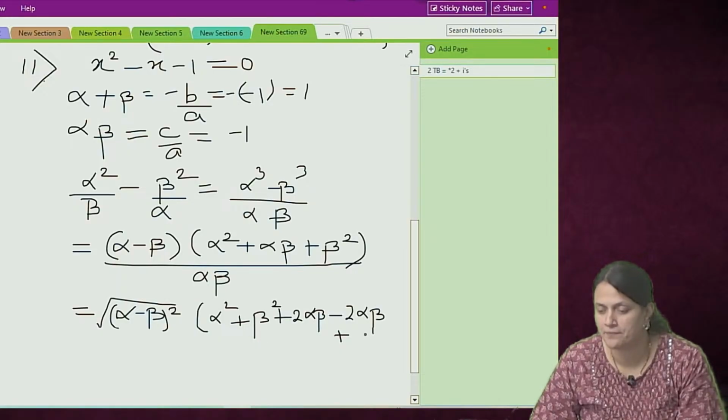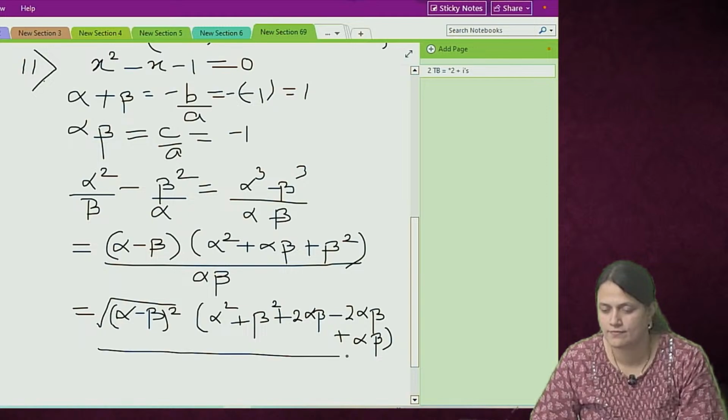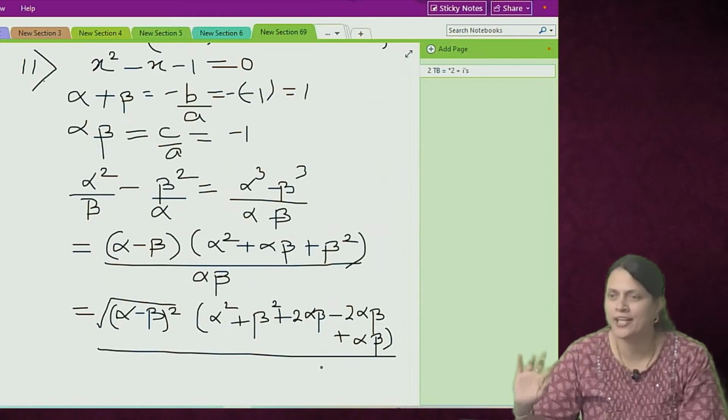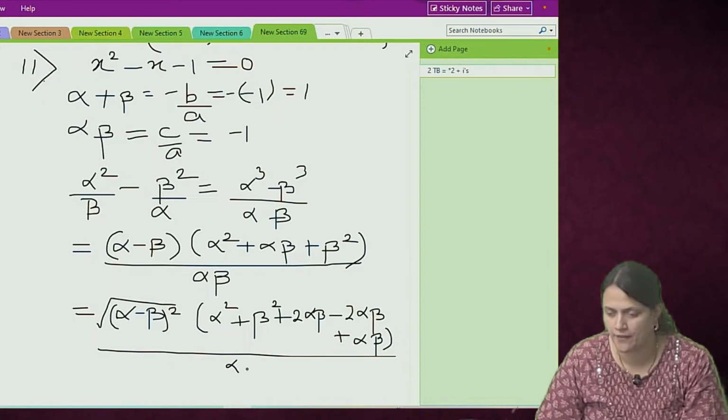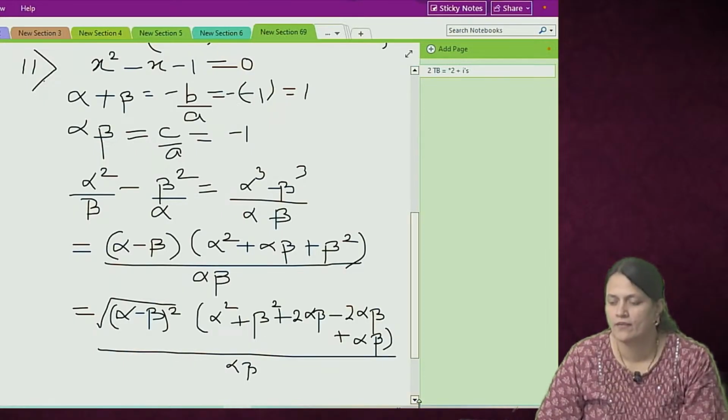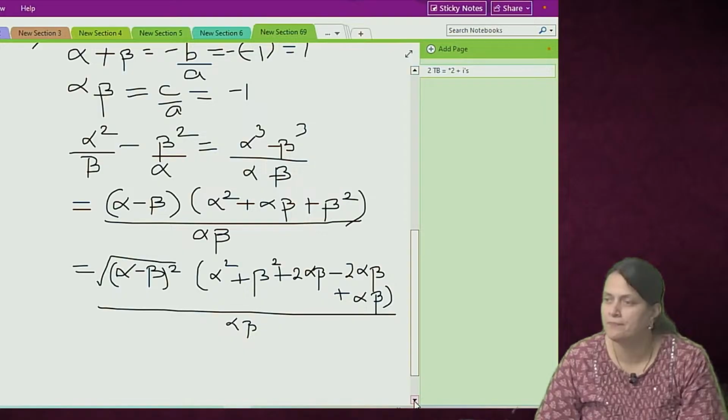I'll tell you why. I'm just adding and subtracting 2 alpha beta. Okay? Everybody has understood up till this step.